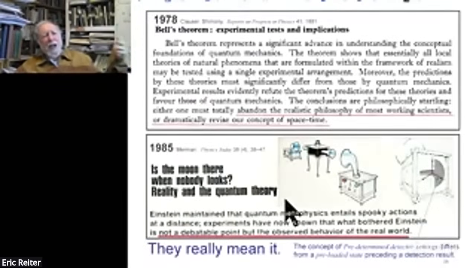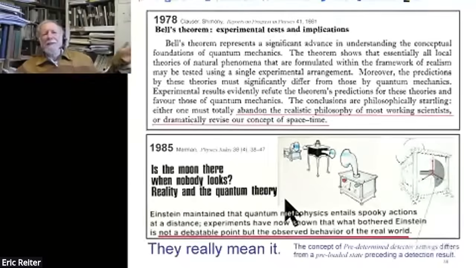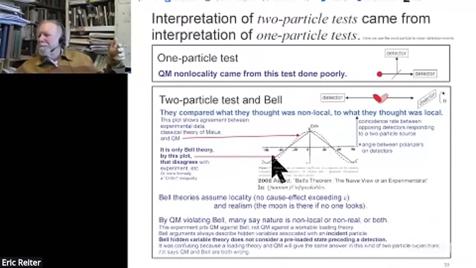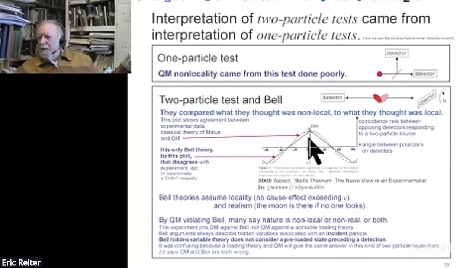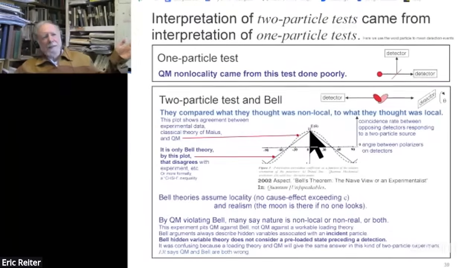So the upshot of all this is there's no entanglement. This business about entanglement and Bell's theory and the EPR, all this, it all goes away. That's the bottom line of it. What happened was Bell's theory did not include the preloaded state, if you look at the math of how he did it.